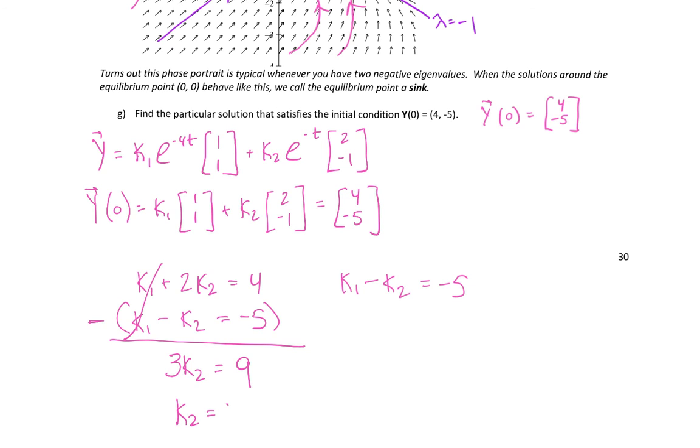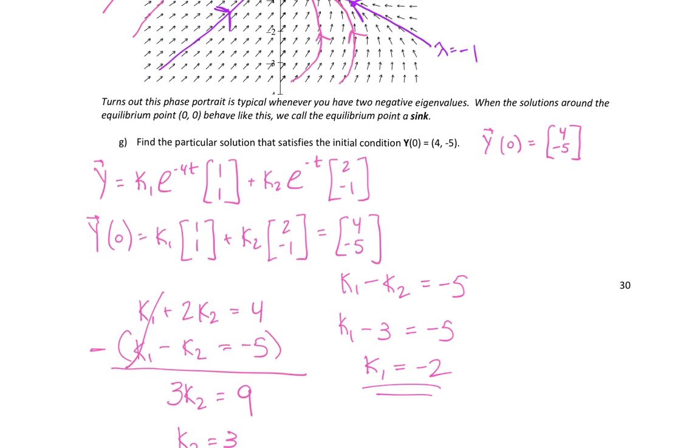So k2 equals 3. Then use either of your given equations to solve for k1. So k1 minus 3 equals negative 5. So k1 equals negative 2. So we have the values of k1 and k2. Now I can write down the solution.